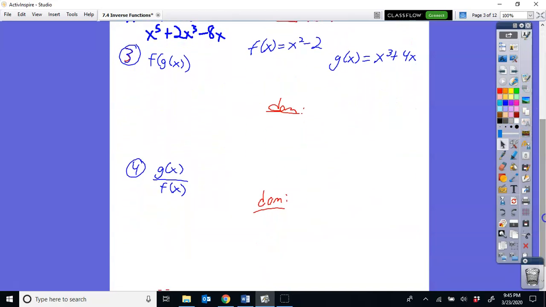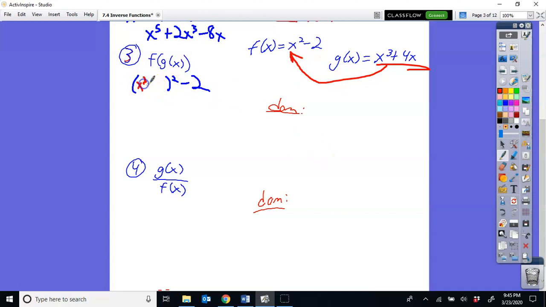Remember, f of g of x essentially means I'm taking the function for g of x, which is x cubed plus 4x, and plugging it into f of x. So instead of x squared minus 2, I'm going to put a parenthesis squared minus 2, but instead of x, I'm taking this function right here and plugging it into that x.